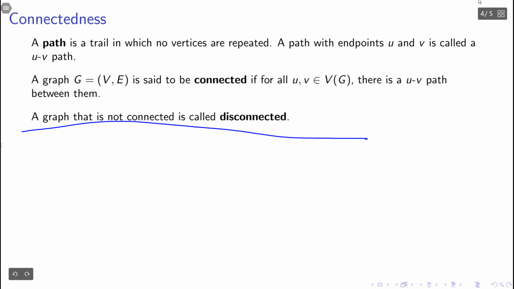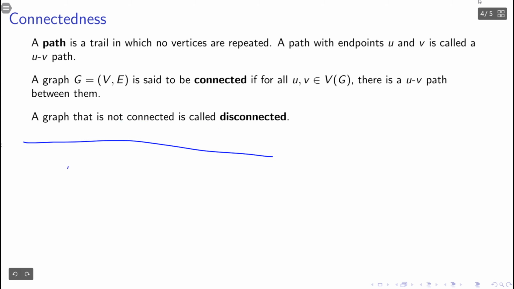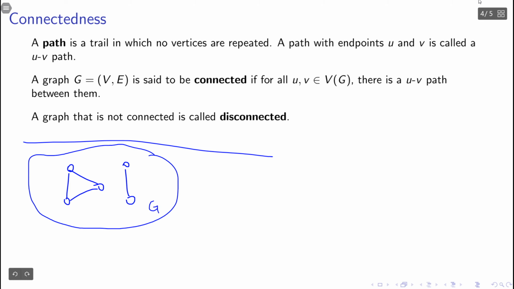It means that the graph that looks like this, let's say if you take this thing as the graph G, then it's not connected. Or we also say it's a disconnected graph, because from this vertex, for instance, 1, and this vertex, I'll call it 4, there's no path in the graph that takes me from 1 to 4.